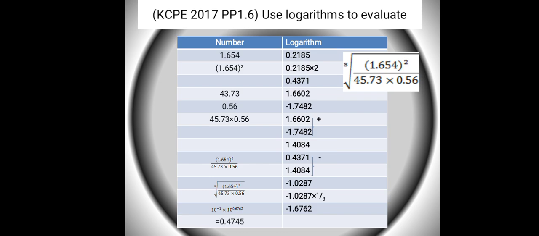Now subtract the logarithms of the denominator from the numerator. We get 1.0287. Get the cube root by multiplying by a third. We get 1.6762. Get the antilog. We get 0.4745.